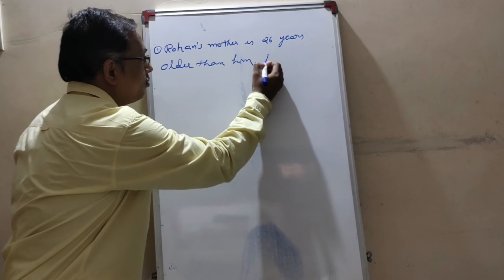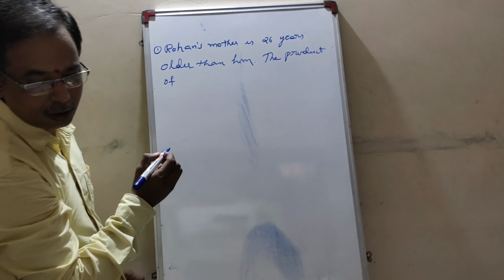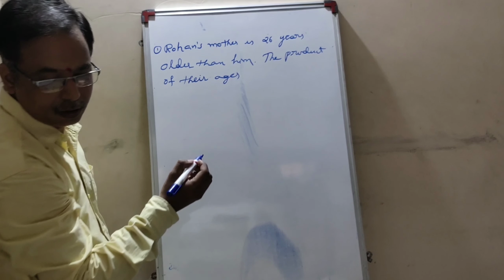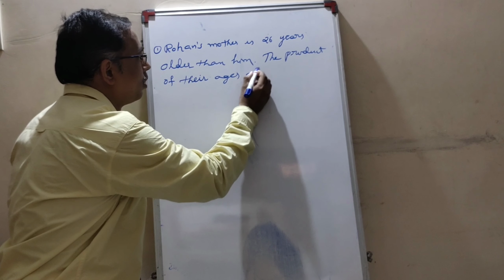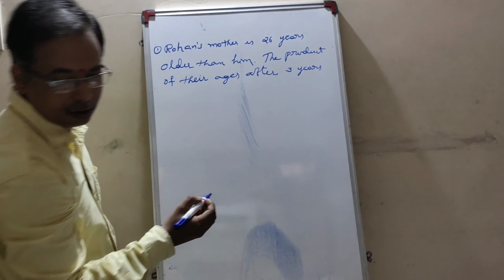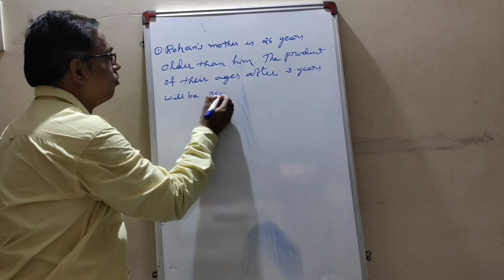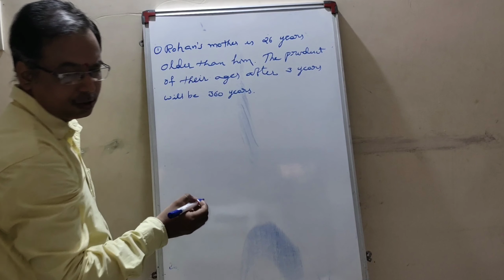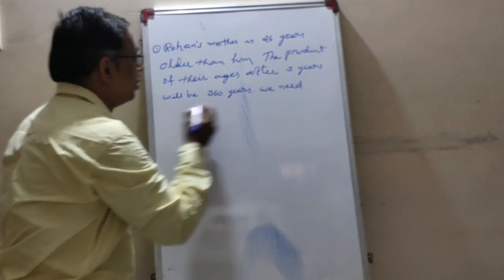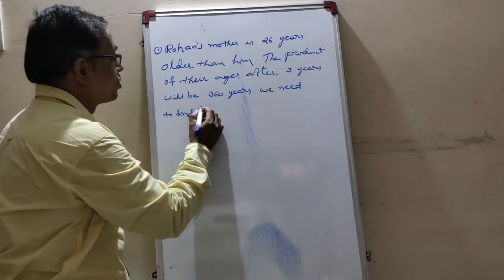The product of their ages after 3 years will be 360. We need to find Rohan's present age.